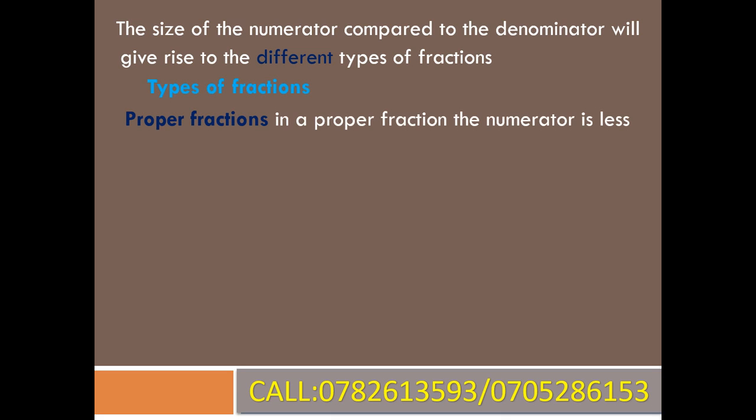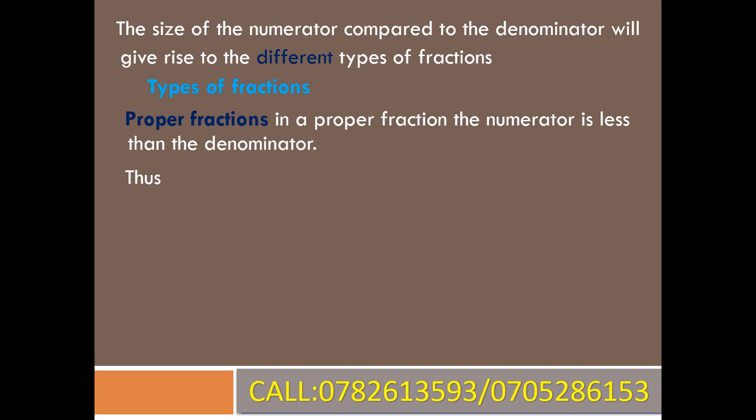So the first type of fraction that we have are the proper fractions. In this case, the numerator is less than the denominator. The upper number is actually smaller than the lower number.